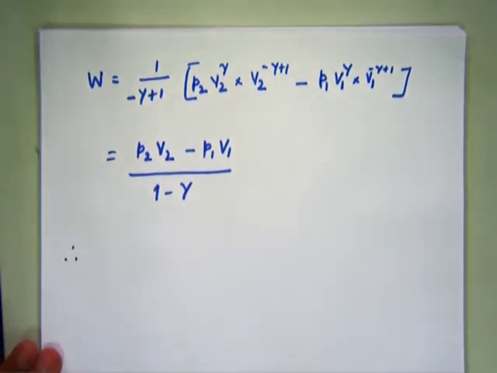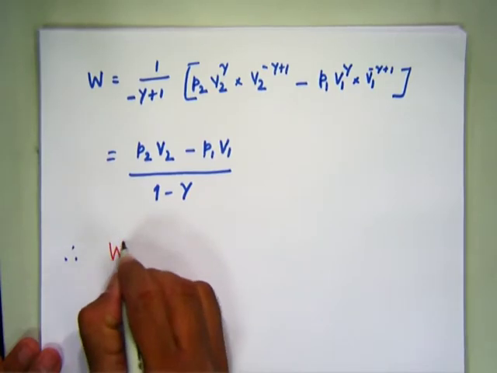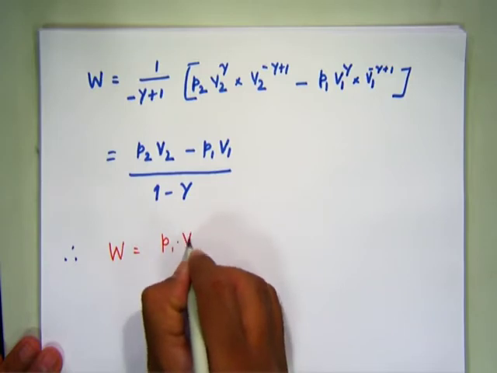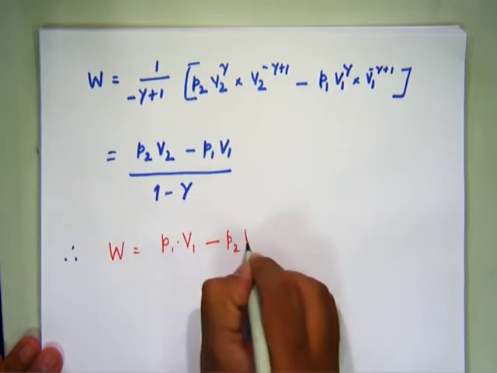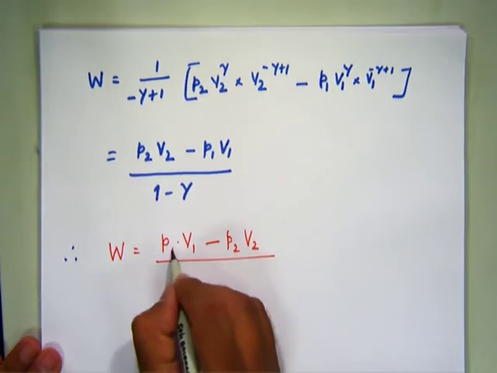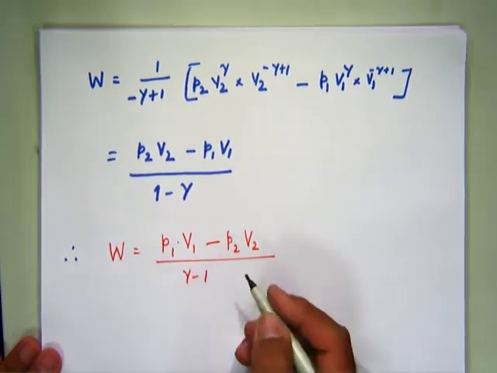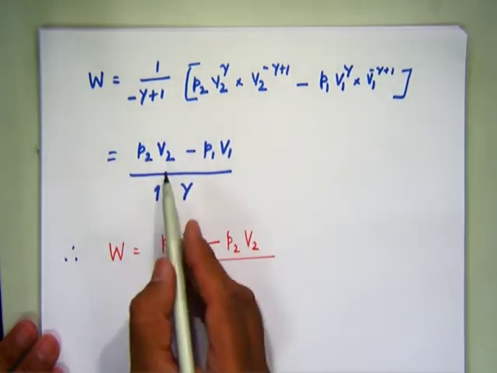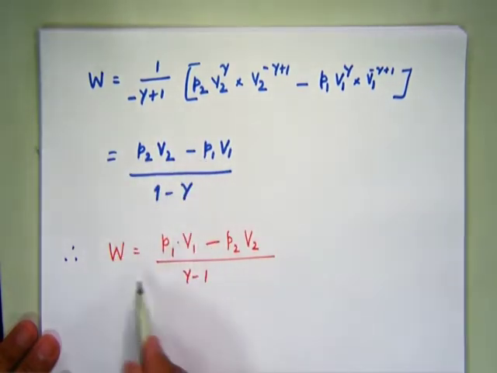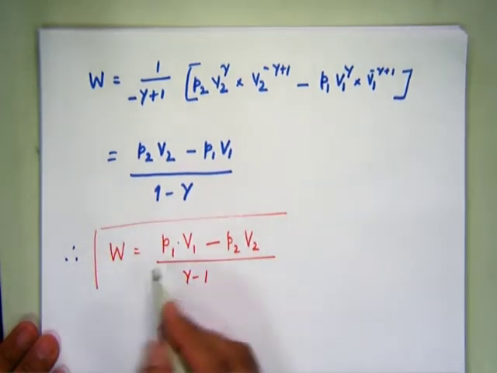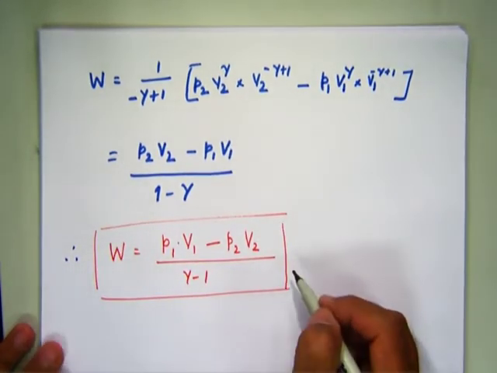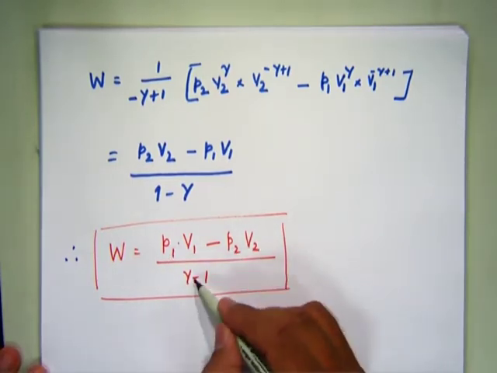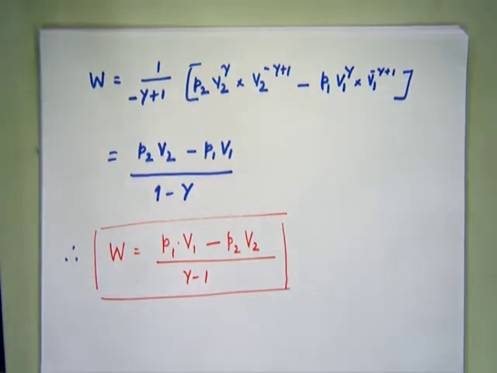So therefore you can write down the work done is equal to P1 into V1 minus P2 into V2 upon gamma minus 1. We have rearranged these minus terms, introducing the minus throughout, so you will get in a rearranged form work done is equal to P1 V1 minus P2 V2 upon gamma minus 1.